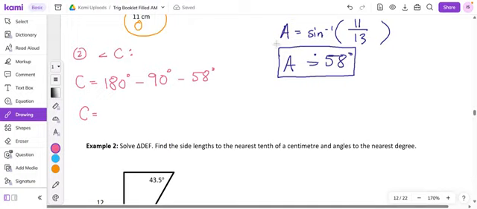Excellent. I love that people are punching it into their calculator. You're being active. This is good.